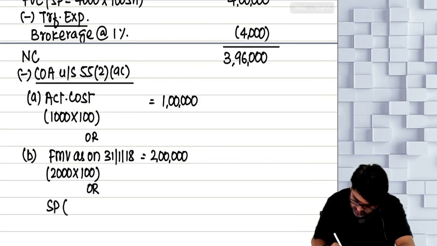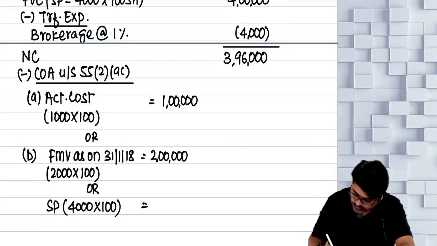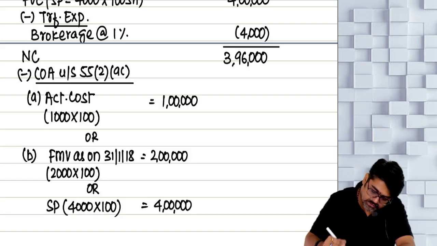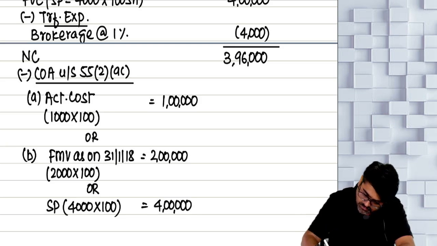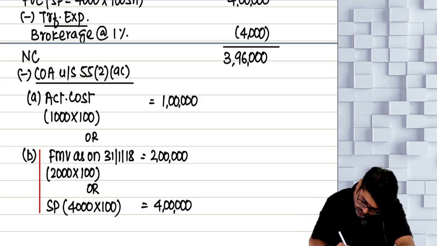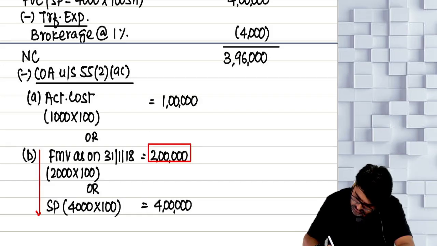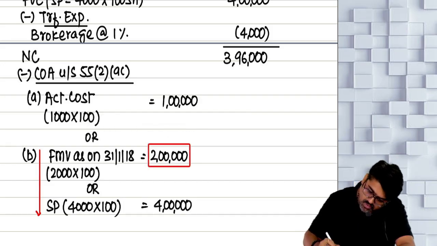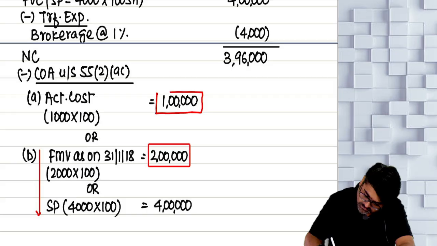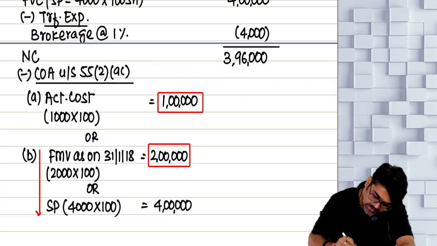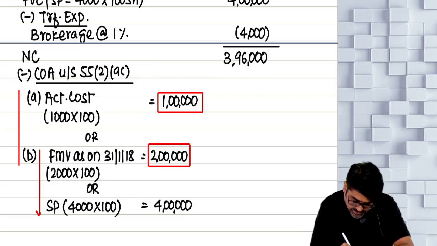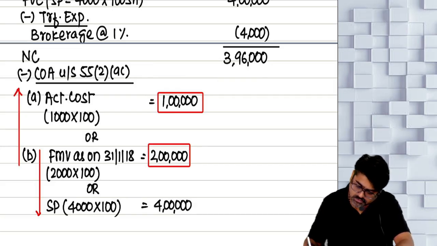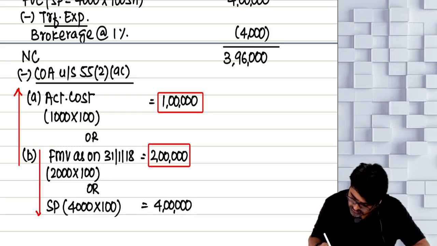How much is the selling price? 4000 into 100 will be 4 lakh. So 2 lakh or 4 lakh, whichever is lower. So lower will be 2 lakhs. Yes or no? Either this 2 lakhs or 1 lakh, whichever is higher. So higher will be 2 lakhs. So therefore the cost will be 2 lakhs.